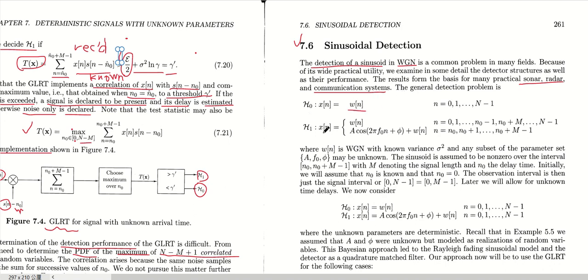And H1: x[n] equals w[n] for n from 0 to n0 minus 1, and n0 plus M all the way to N minus 1, with another signal in it, and that signal is a cosine, cos(2 pi f0 n plus phi). n is the time index, phi is the phase, plus noise, for n from n0 to n0 plus M minus 1.